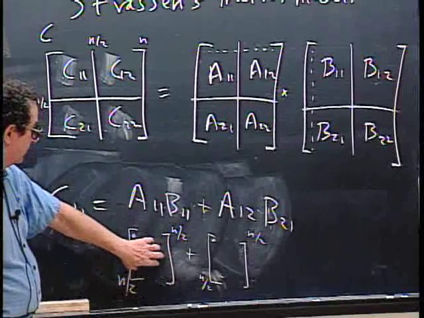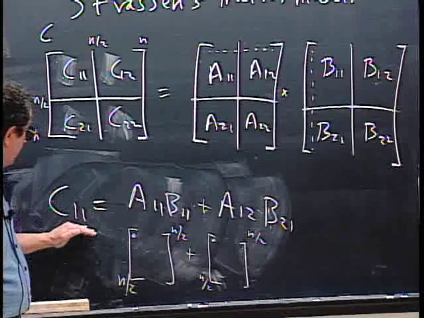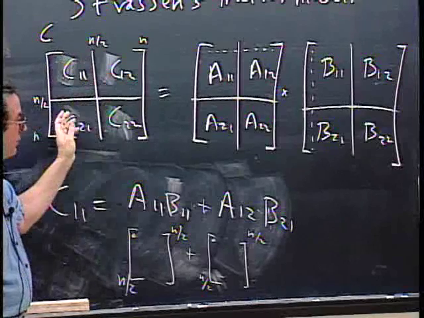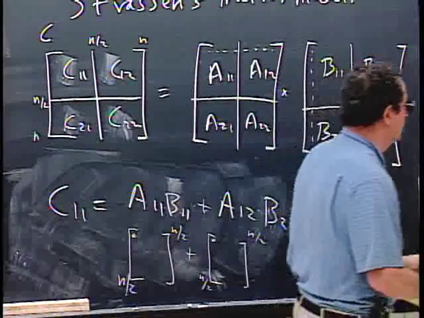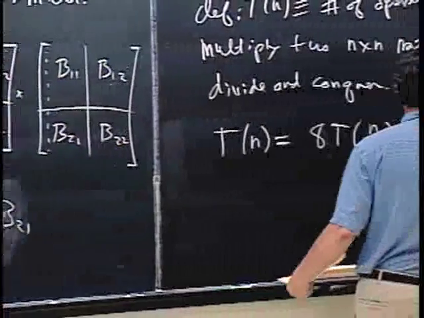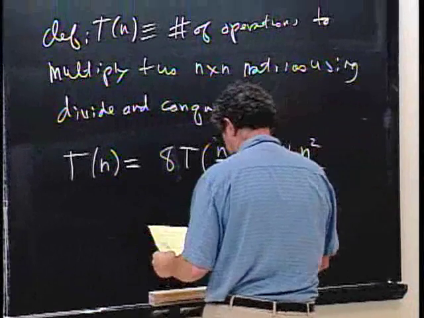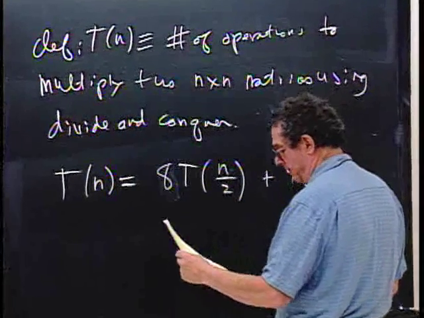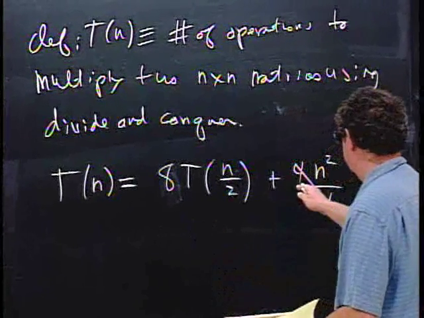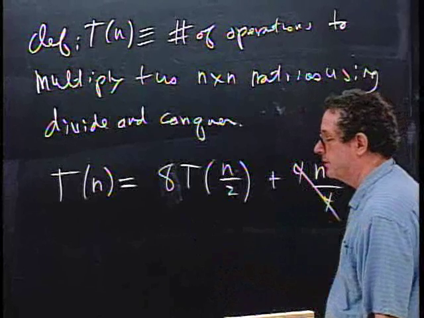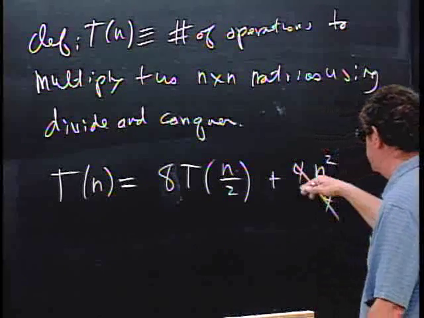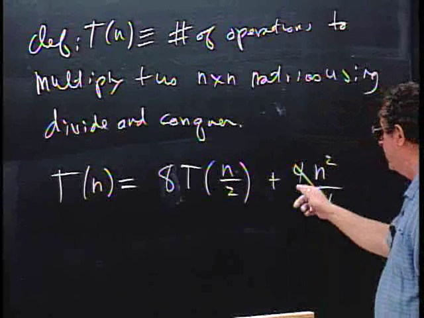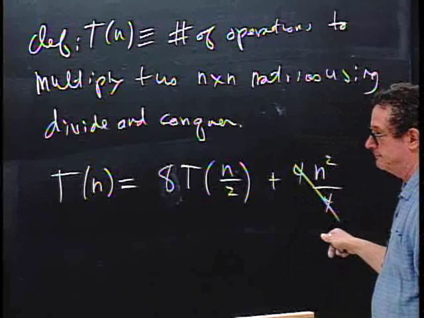So n squared over 4 additions are done for this particular submatrix, and we have 4 submatrices, so 4n squared over 4, which means n squared. In my notes, this was 4n squared as opposed to n squared, but it's not going to matter. This is just a constant here anyway. The n squared is the critical thing. So we're doing something proportional to n squared.